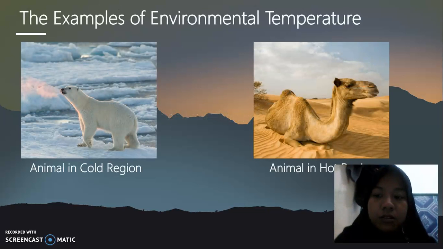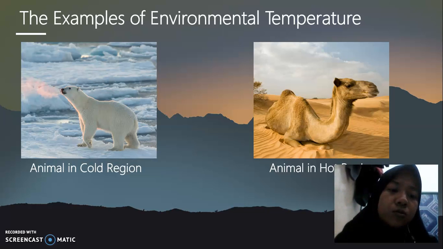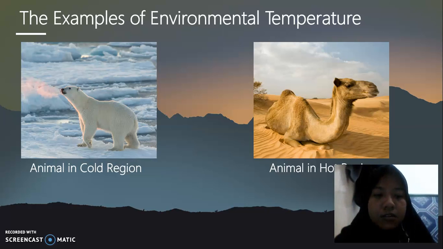For example, there is a polar bear and a camel. If it is a cold area or polar region, the animals must have very thick fur. So this polar bear has thick fur. Whereas the animals that live in the tropics generally have thin fur, and the camel has thin fur, so they can adapt successfully in their region.